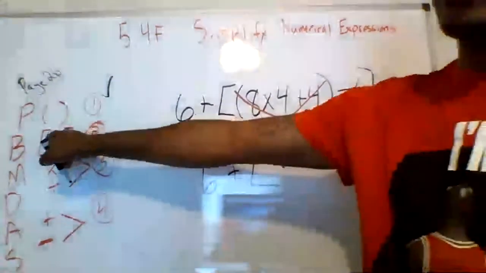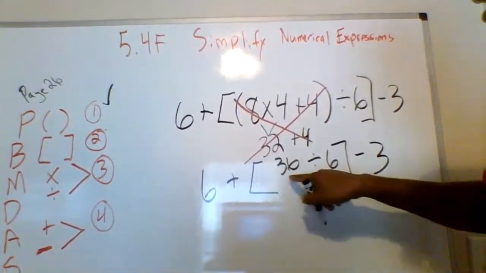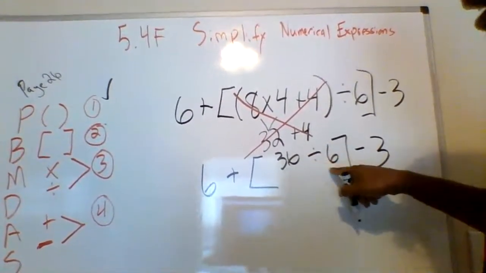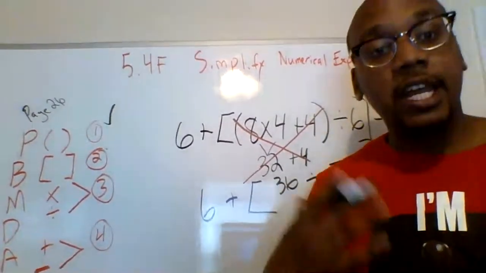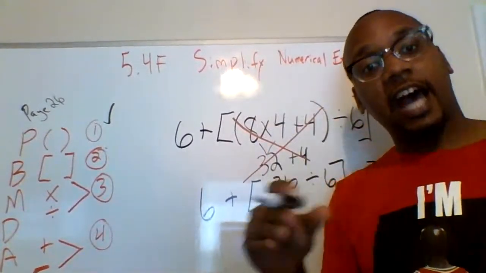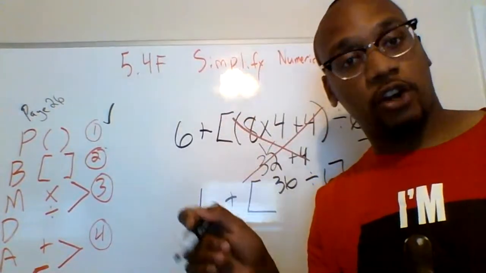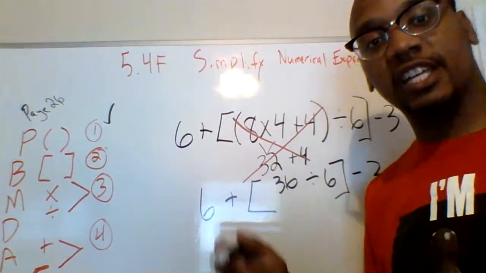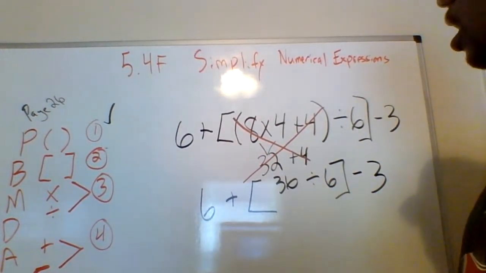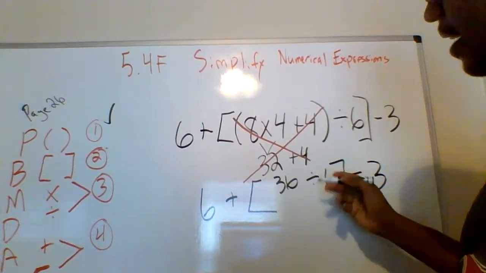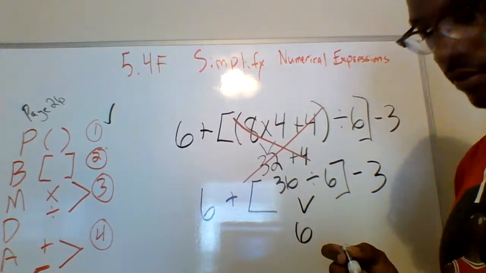Step 2, the brackets. Well, my brackets is 36 divided by 6. So how many groups of 6 can I get out of 36? Well, 6 times 6 is 36. So that means I should get 6 groups. 36 divided by 6 is 6.